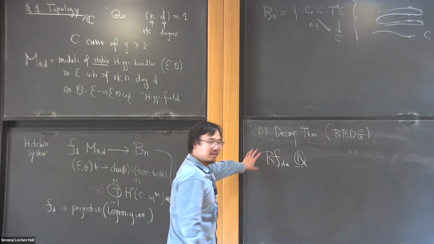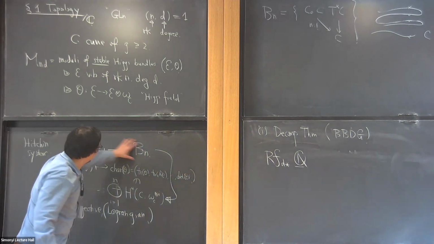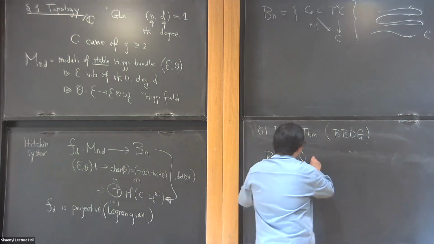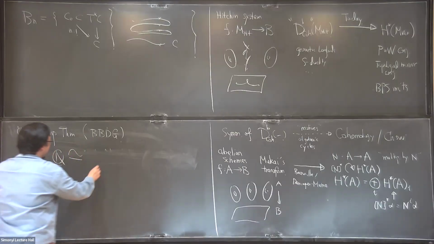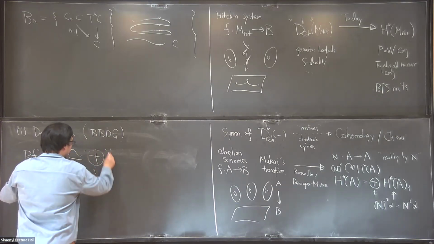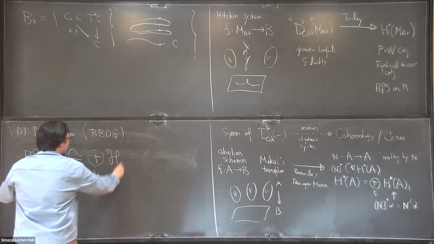So you have a morphism and you push forward the constant sheaf, and then they tell us that this splits into a bunch of semi-simple perverse sheaves.